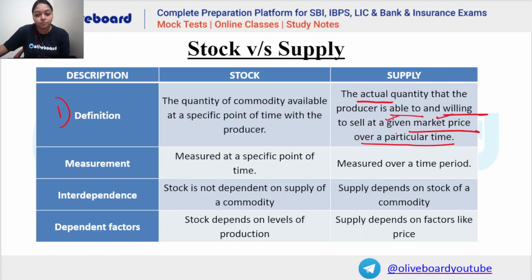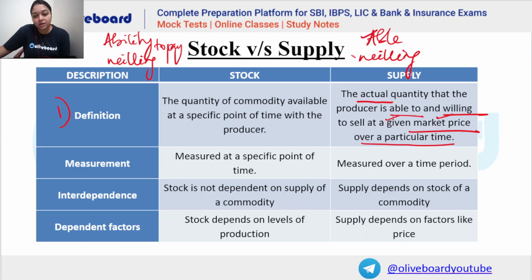Like in demand we saw the person should have the ability and he should be willing to pay, right? Similarly here in supply, the producer should be able to and he should be willing to supply. If one is there and the other is not, then it is not supply.